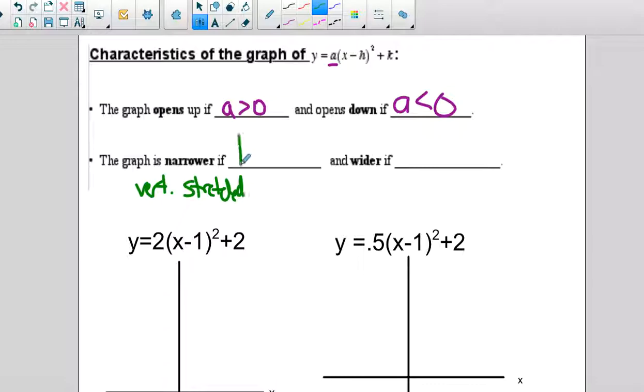But we really say the absolute value of a, because if it's negative, that wouldn't mean that it's shrunk. It has nothing to do with shrinking and stretching if it's negative. All it has to do with is the direction of opening, right? It's reflected if it's negative. And then it's wider if, and again, I shouldn't say wider, I'm going to say vertically compressed or shrunk.